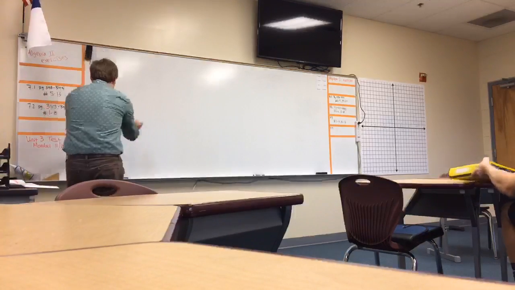So let me write everything that we've done in modules 5, 6, and 7, okay? Module 5 is graphing cubic functions and graphing polynomial functions. So that was a while ago.